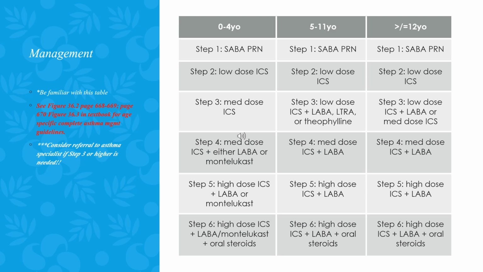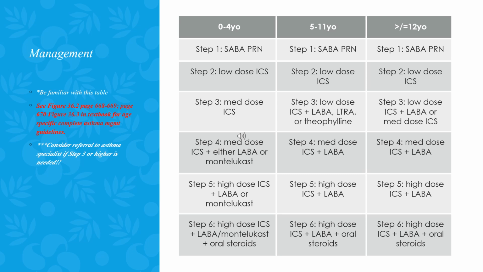Okay, you need to be familiar with this table. Figure 33.1 on 529 and figure 33.2 on page 530 in your textbook give age-specific asthma management guidelines. Again, I said this earlier, but you need to consider referral to an asthma specialist if you get to stage 3 or higher in your treatment plan. Other things to remember is, with chronic asthma, they need to learn what causes it.